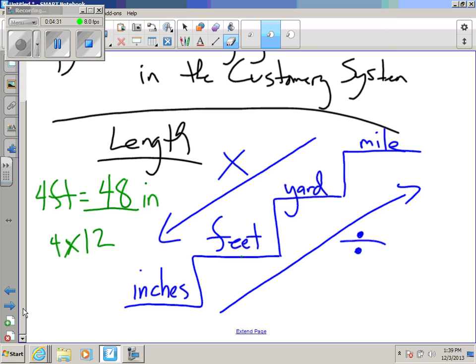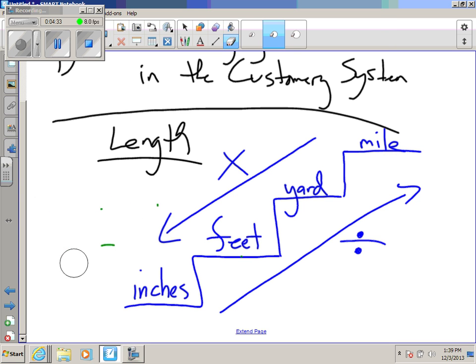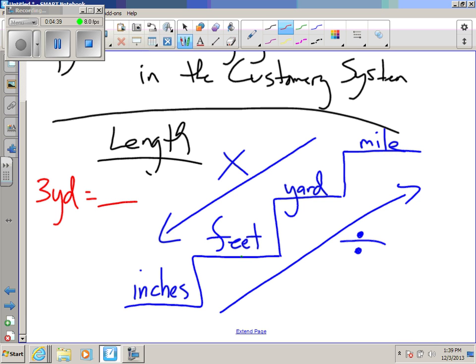If I were to ask you, three yards equal how many inches? How is that one just slightly different than the one we just did? We're still going down our staircase, but we skipped a step. We cannot necessarily skip a step without accounting for that extra step.